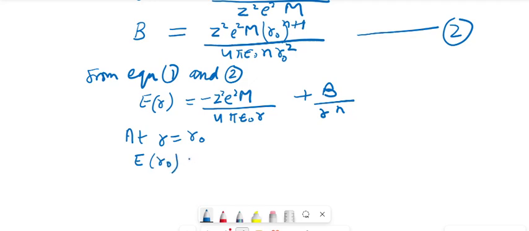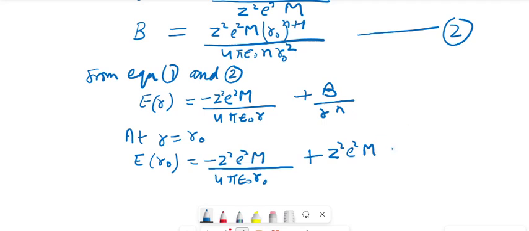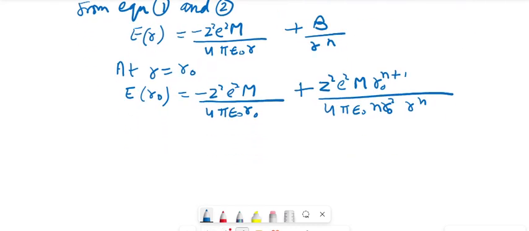this energy E R naught is equal to minus Z square e square M divided by 4 pi epsilon naught R naught plus Z square e square M R naught to the power n plus 1 divided by 4 pi epsilon naught n R naught square R to the power n. Now solving this equation, what I get?